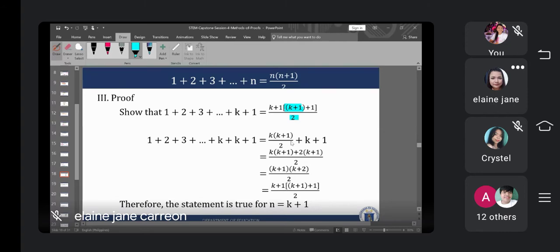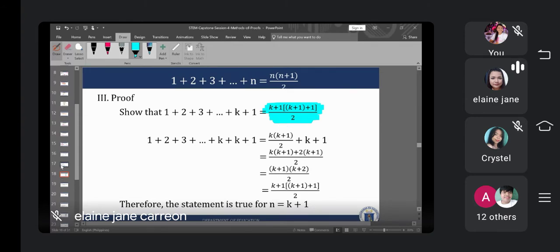Kita nyo? Pinalitan lang natin si n by k plus 1. Ngayon, ito yung ating dapat makuha dun sa final answer natin, para masabi natin that this statement is true for n is equal to k plus 1. Okay? I hope you understand that.